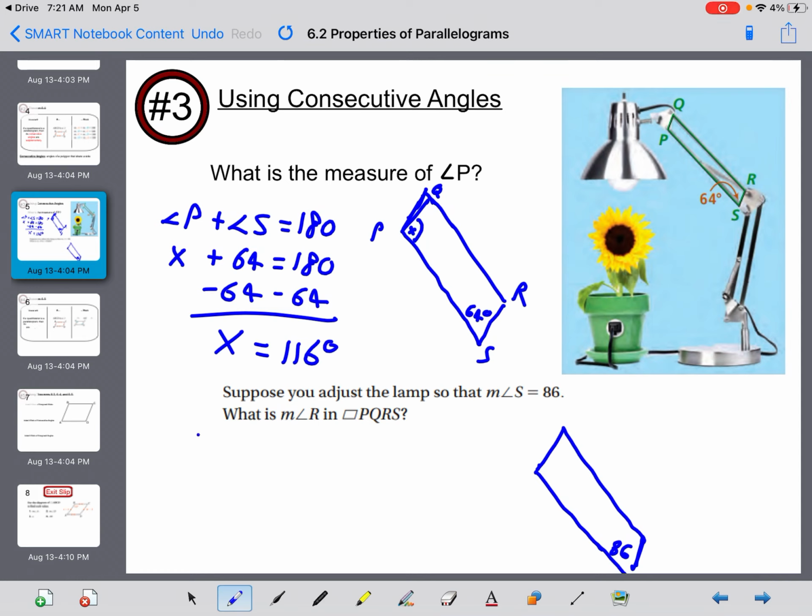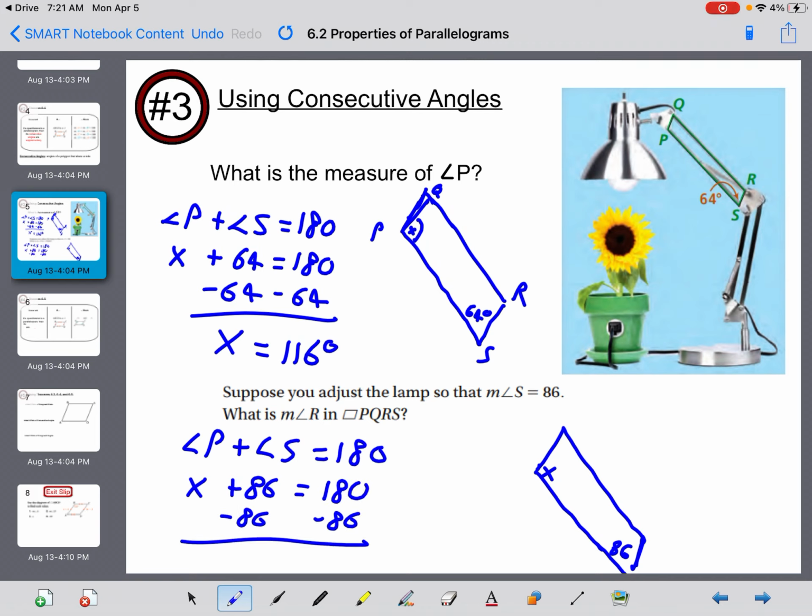Well, all that's really going to change is the way we set up our equation. Angle P would still be x. Angle S is now 86, and that equals 180. So subtract the 86 on both sides, and x equals 180 minus 86. You type that in your calculator, and you're going to get 94 degrees.